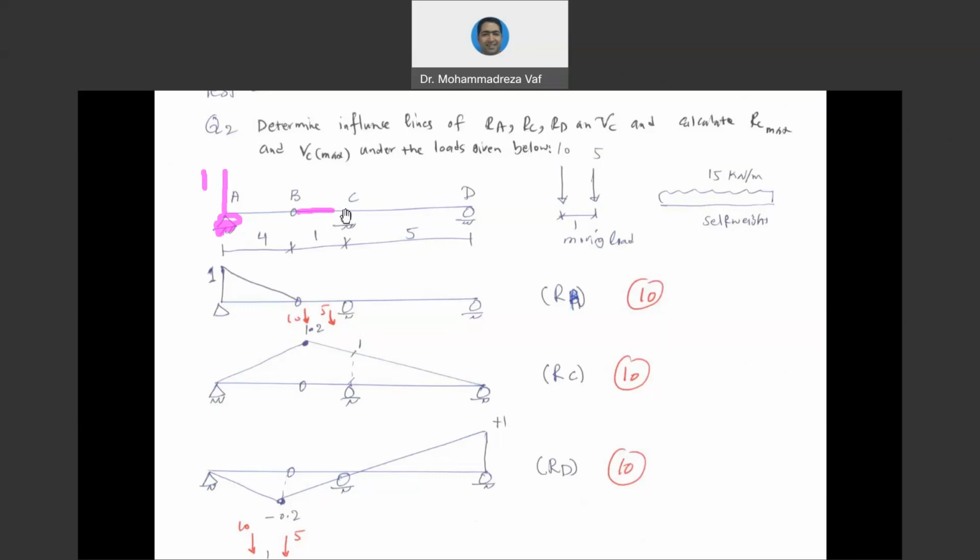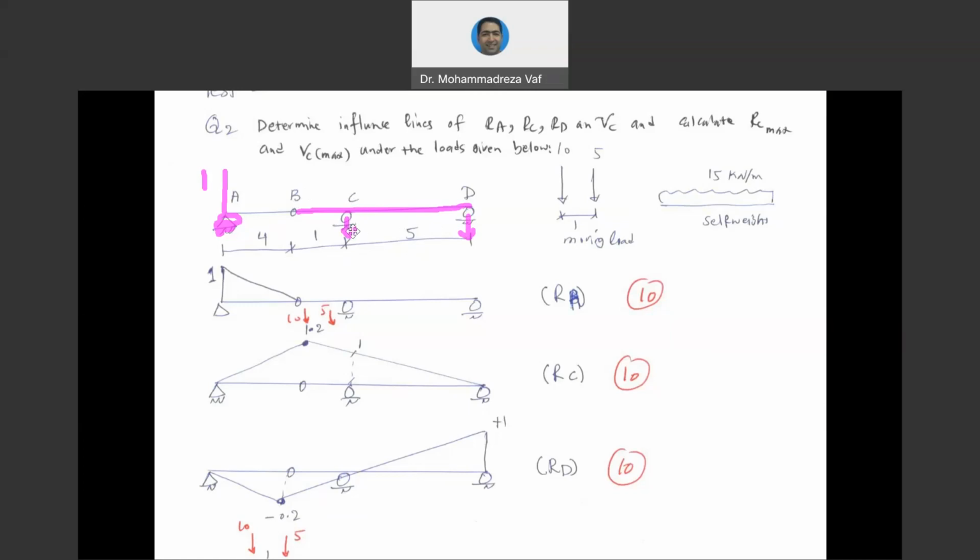So if you look carefully to the rod BD, it is connected to two roller support, and this roller support basically impose a reaction to point C and D.